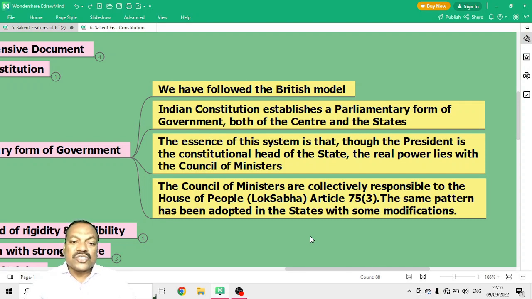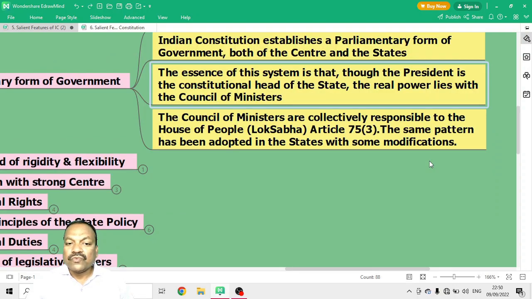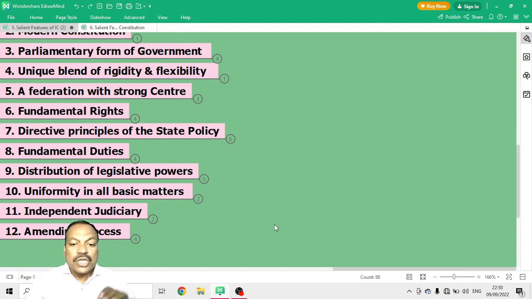The essence of this system is that though the president is the constitutional head of the state, the real power lies with the council of ministers. Further, the council of ministers are collectively responsible to the house of people, that is called the Lok Sabha, according to Article 75 subclause 3. The same pattern has been adopted in the states with some modifications made by the states. So, in this sense, the parliamentary form of government is there.